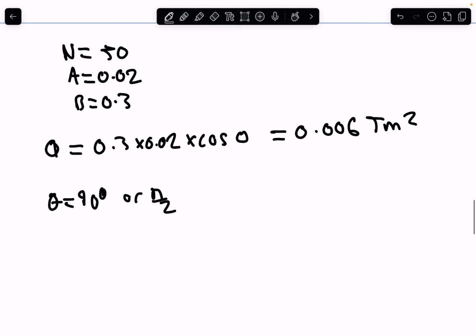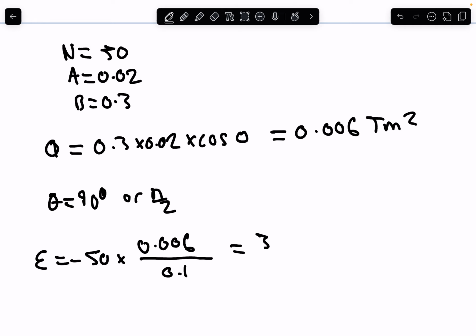It's telling us we already have the magnetic flux, and it's giving us a change in time, and we have the number of turns, so EMF equals negative 50 times 0.006 over 0.1, which equals 3 volts.